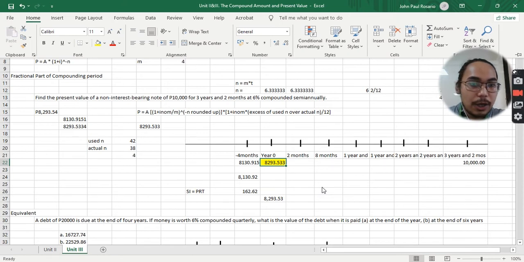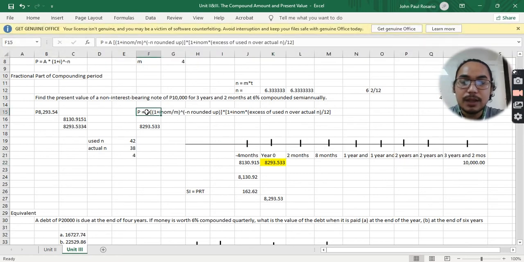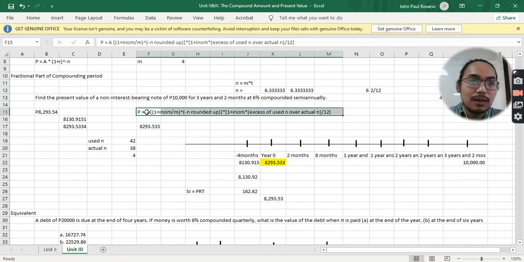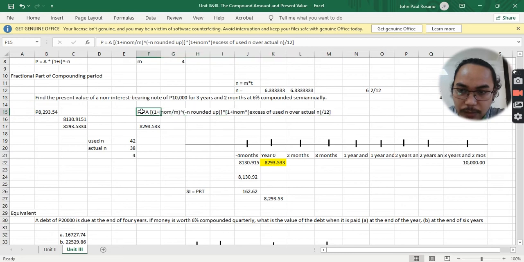Okay. You may also solve it using this formula. This is the one-time solving version. If you look at this formula, this first expression, I'm going to highlight it.